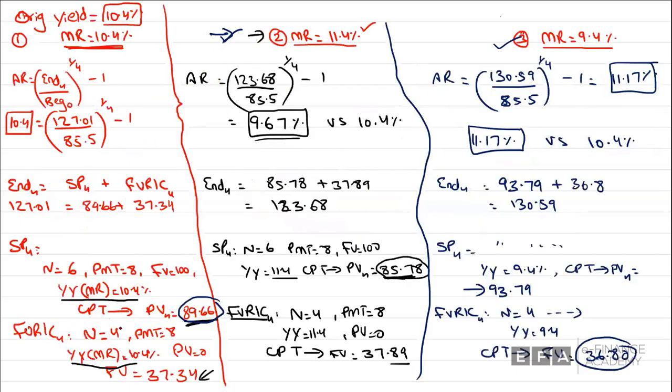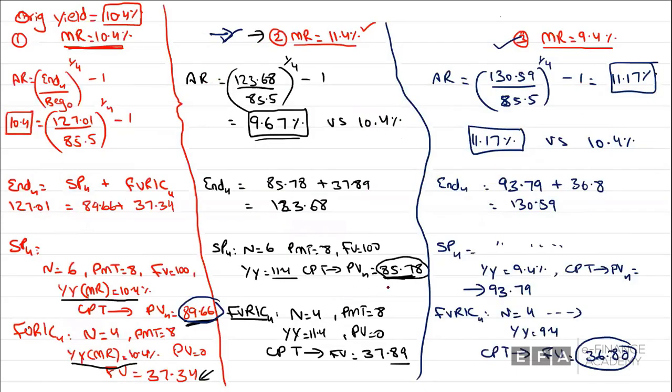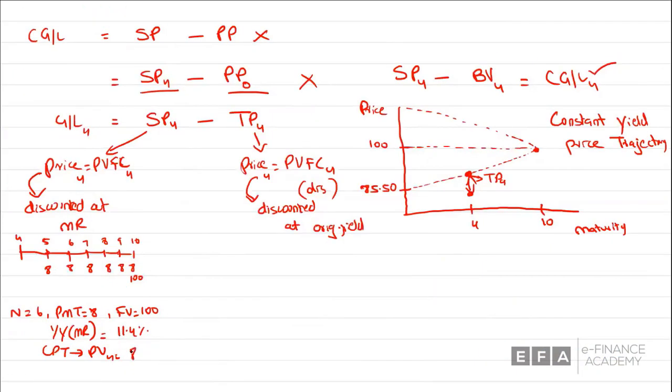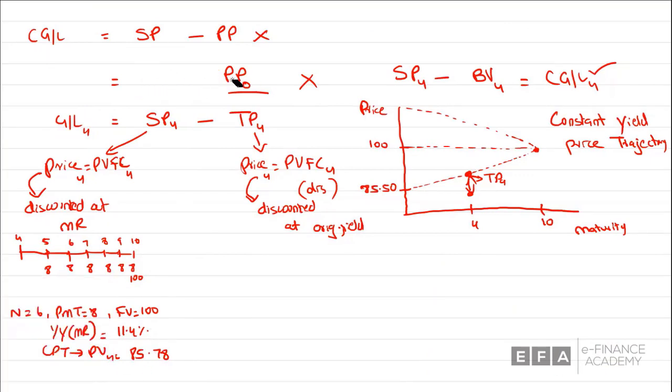In the second scenario, the market rate was 11.4%. We already calculated the present value before, but I'm calculating it again for you. It will be 85.78. That's our selling price. How about the purchase price? For the purchase price, as we know, it was 85.5.